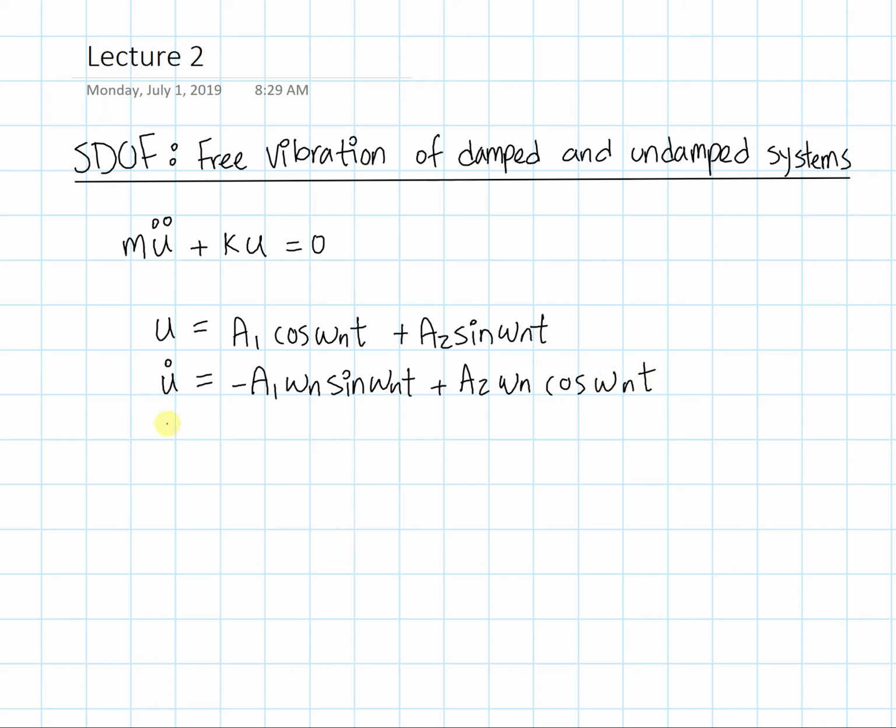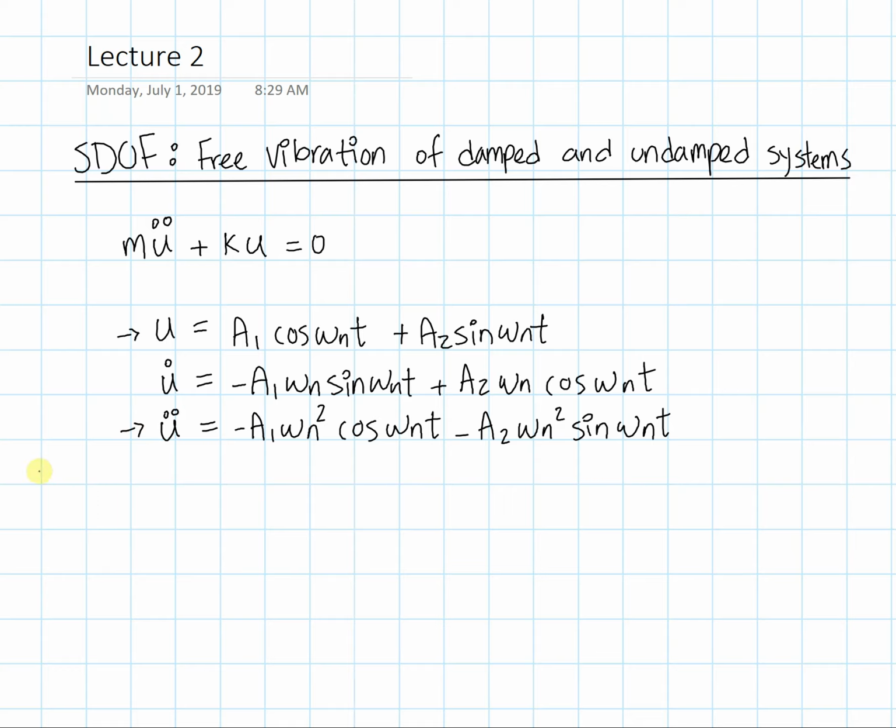Now we can do the same thing for the second derivative, the acceleration term. Okay, here it is. Now let's plug this equation and this equation back into our undamped equation of motion.